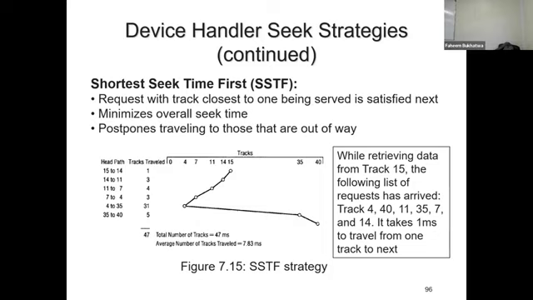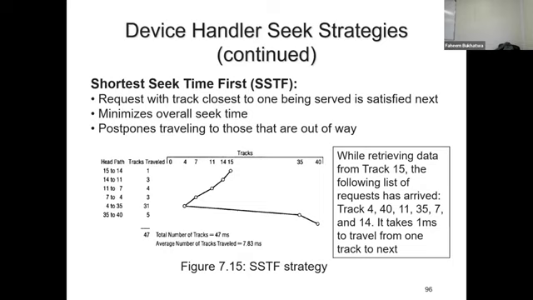It's the same question, but now we're using a different policy. We start at track 15. Which one of these would be the shortest? To go from 15 to 7, we need to move 8. To go to 35, we need to move 20. We're looking for the shortest. 15 to 11, that's 4. 15 to 40, that's 25 or something. 15 to 4, 11. 15 to 14, 1.